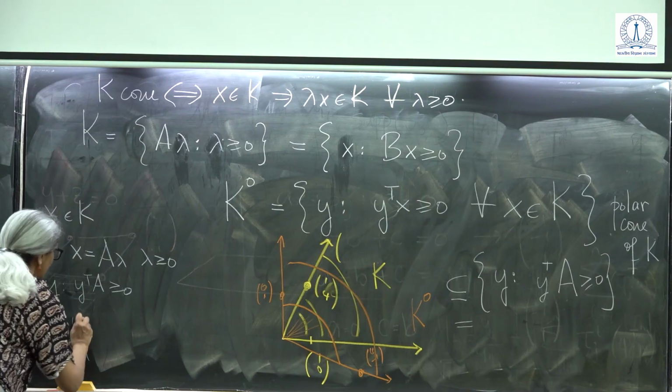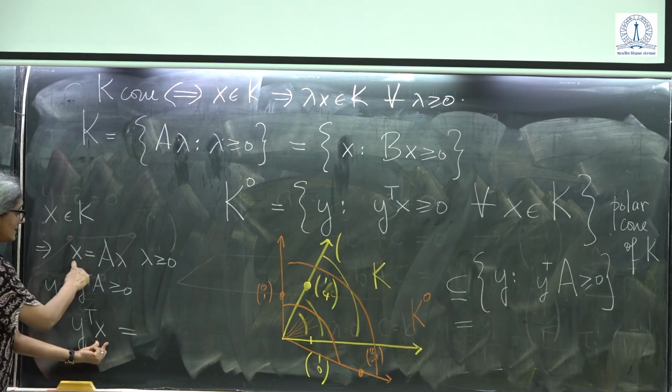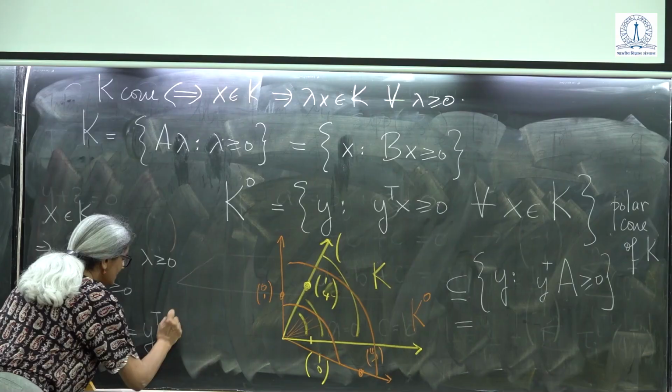And what happens now if you try to do Y transpose X? Can you calculate and see what happens? This is just matrix algebra now. X is this, so this is Y transpose A lambda.